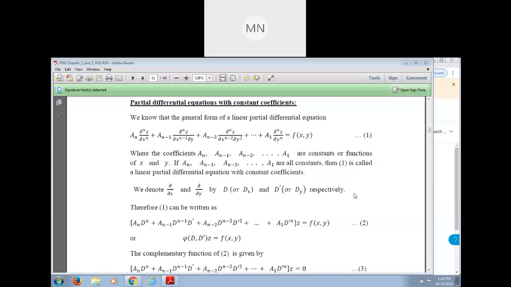And s, and t equals to del 2z by del y square.